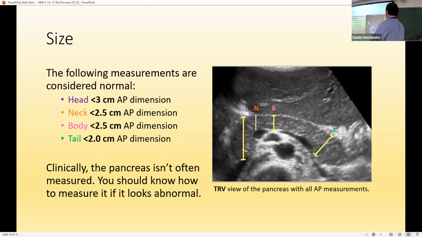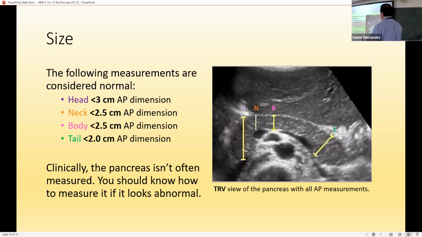So in terms of pancreas, these are some general size measurements. Our pancreas should be a nice homogeneous echotexture, so a nice even echotexture. It's pretty hypoechoic, especially in younger patients, to the liver. Here you can see a portion of the left lobe of the liver, very similar in echogenicity to it. The older we get, the more echogenic it tends to become.